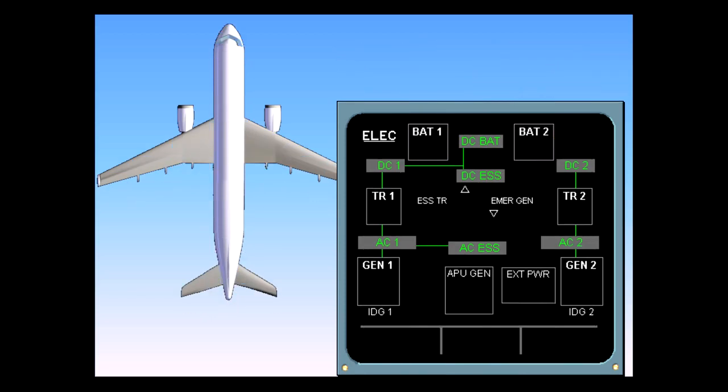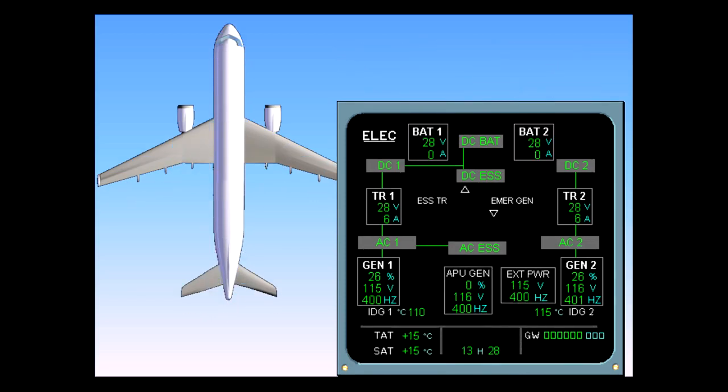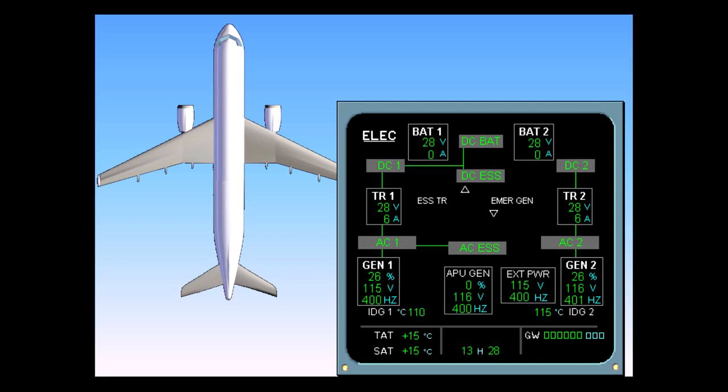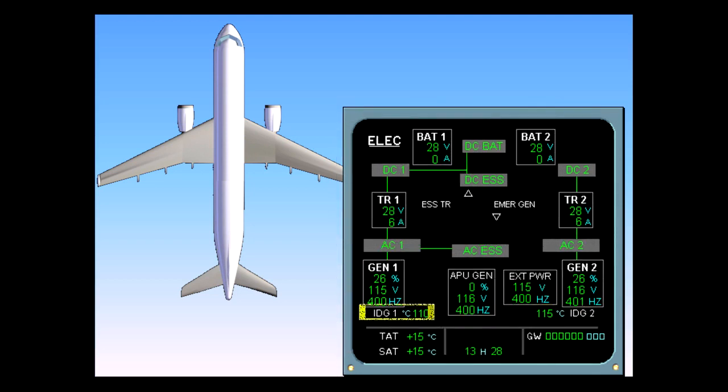Each component can be monitored via its indications. These indications are voltage, amperage, or load on the generators, frequency, IDG temperature.